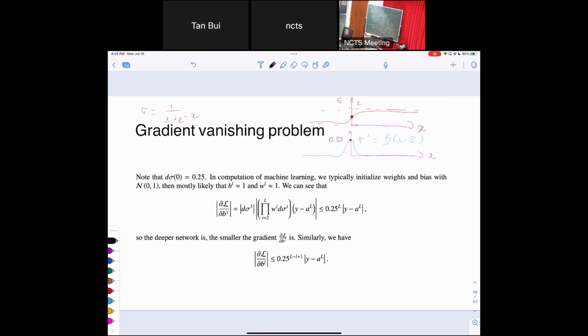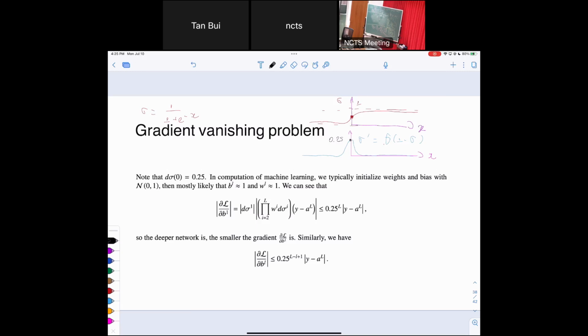So you see that the deeper, the key problem is here. This is very small, especially for large L. This is 1/4 to the power L. So for a bigger or deeper network, the gradient of the upstream layers is smaller and smaller.